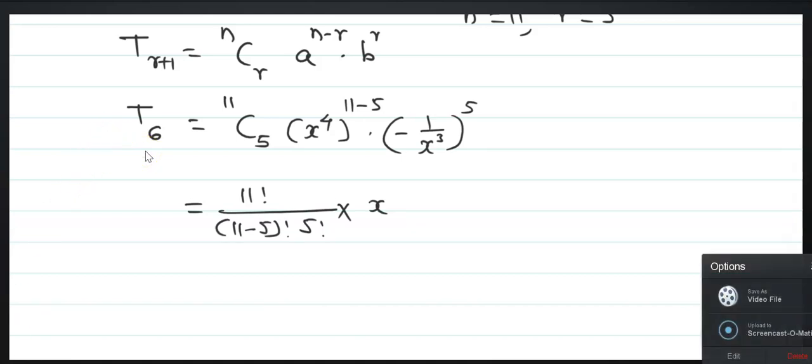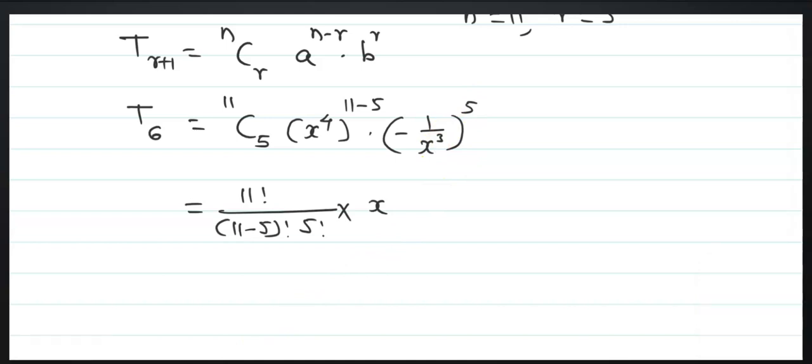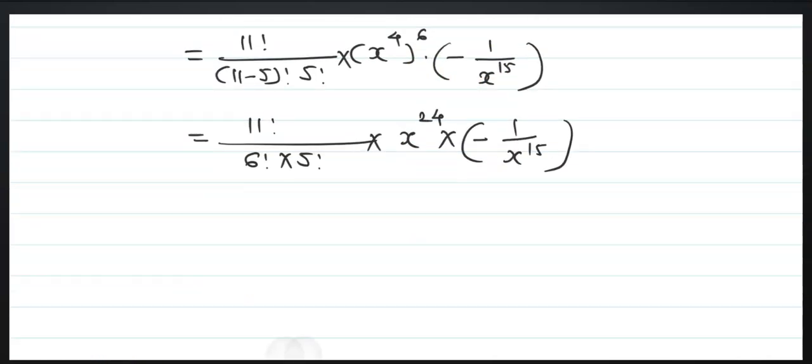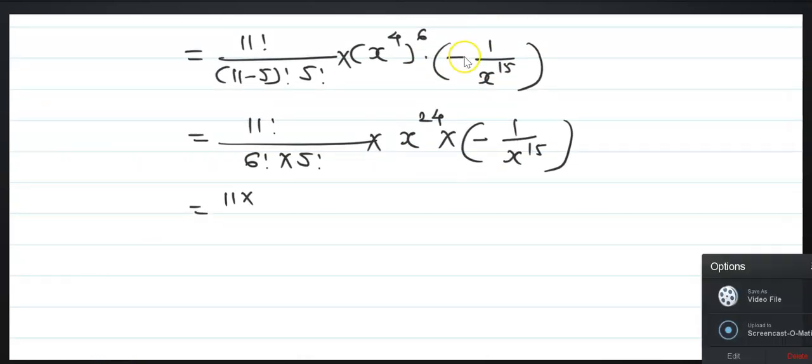We are finding the value of T6. Here R is equal to 5: 11C5 into x raised to 4 bracket raised to 11 minus 5, into minus 1 upon x cube bracket raised to 5. In this expansion, 11 factorial upon 11 minus 5 factorial into 5 factorial, x raised to 4 bracket raised to 6, and we will have the minus sign, minus 1 upon x raised to 15.